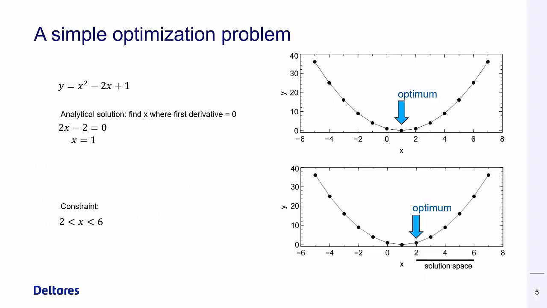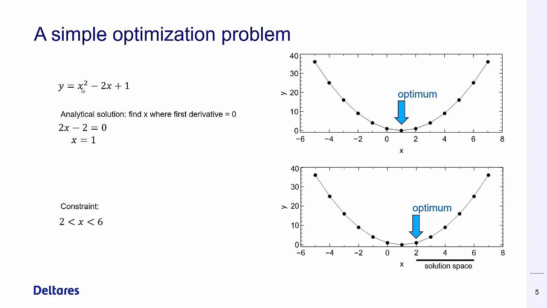Now we look only at the optimization itself, the topic of minimization. Let's look at a very simple optimization problem, and this has not so much to do with a water system. It's just an equation I hope you remember from school math.